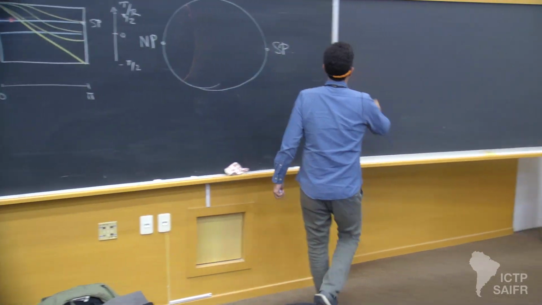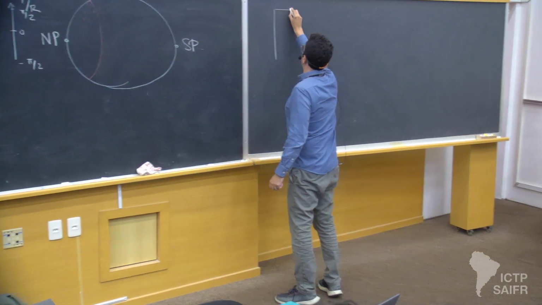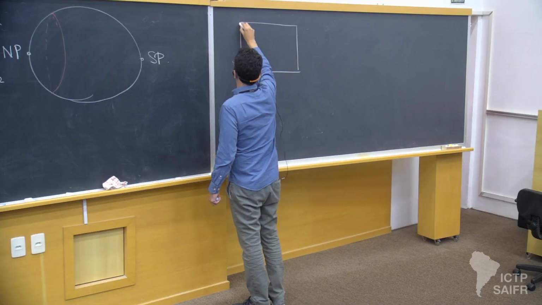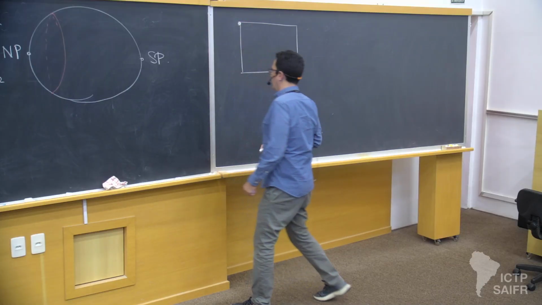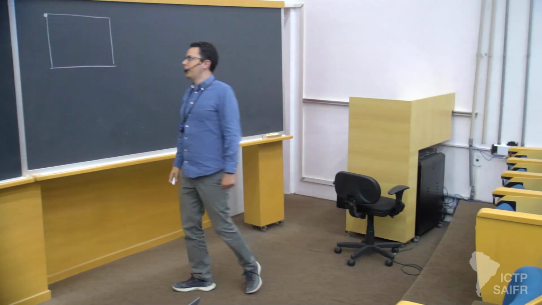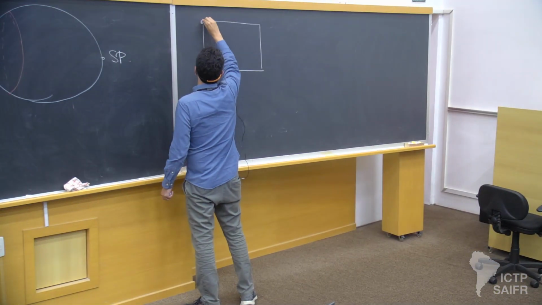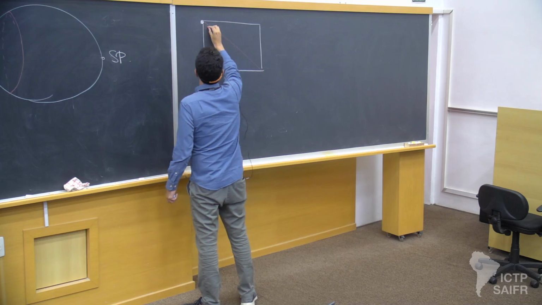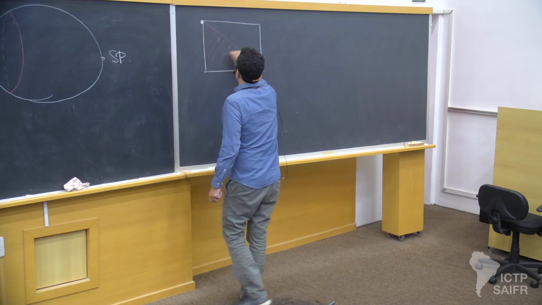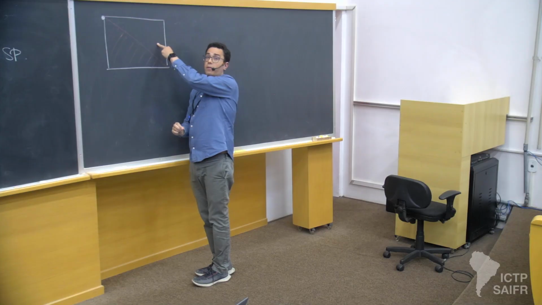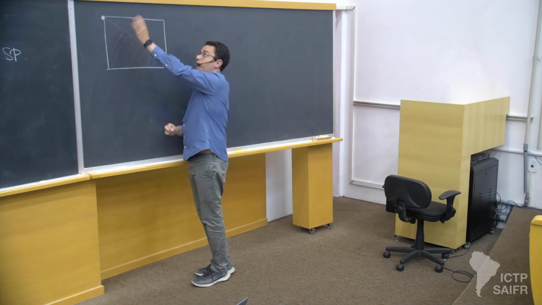Importantly, there is a horizon, so that even if you wait forever sitting on the North Pole, you never observe the entire manifold, okay? So if you shoot your light cone backwards, you can see everything that happened here, but everything that is in this region, you never have access to, even if you wait forever.